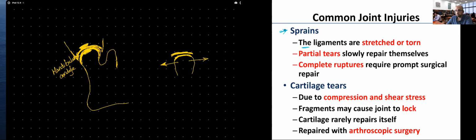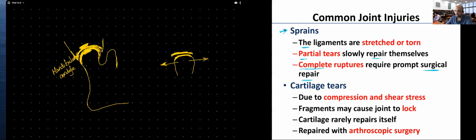If I have a partial tear of a ligament, it can repair itself. But if I have a complete rupture of a ligament, so the two parts are not attached at all, this requires a surgical repair.